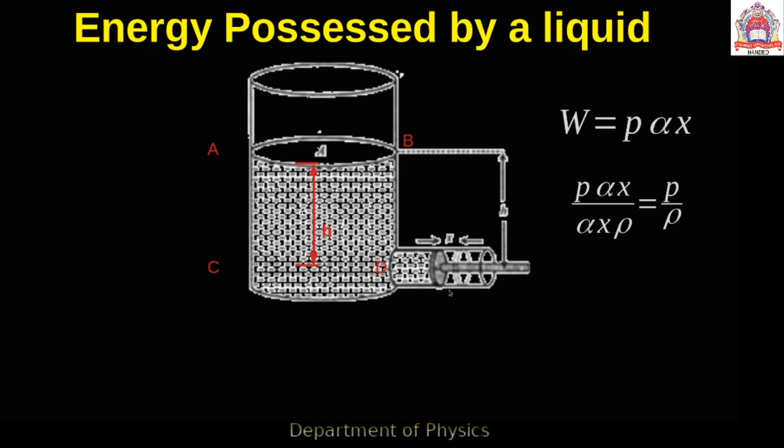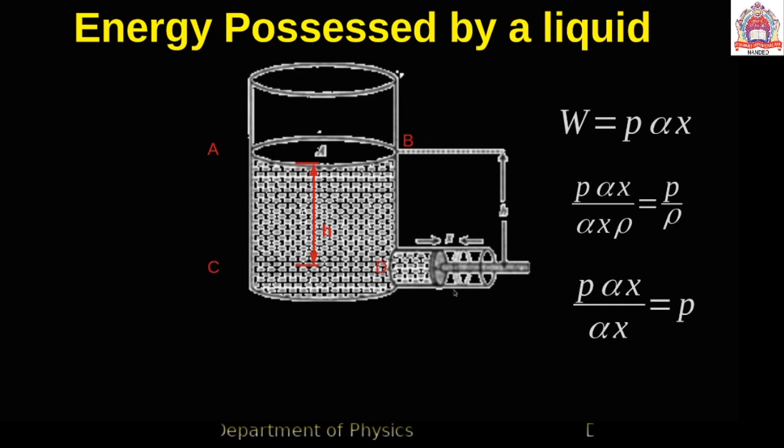Since P alpha x is the pressure energy of alpha x volume, the pressure energy per unit volume of the liquid is P alpha x divided by alpha x. So alpha x and alpha x get cancelled, so we get P. So this P is the pressure energy of the liquid in the tank.